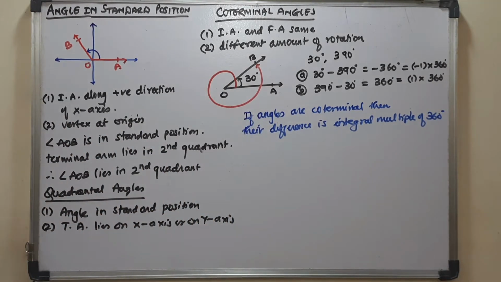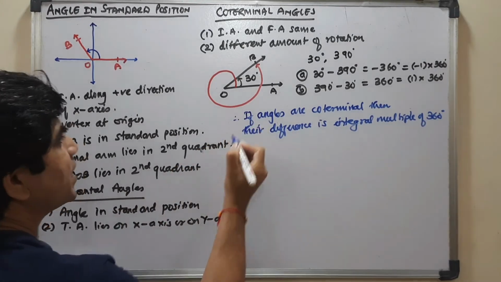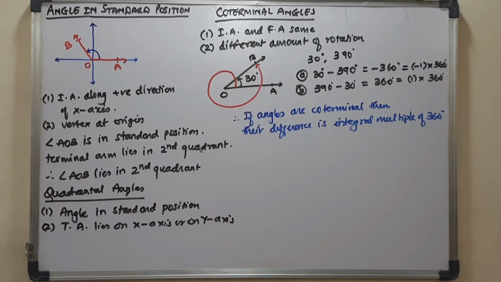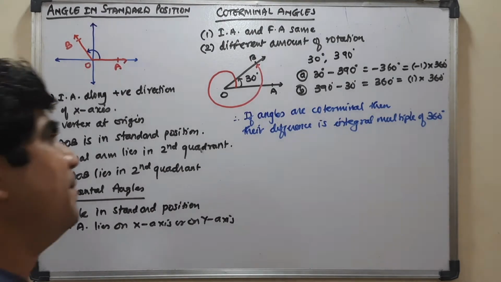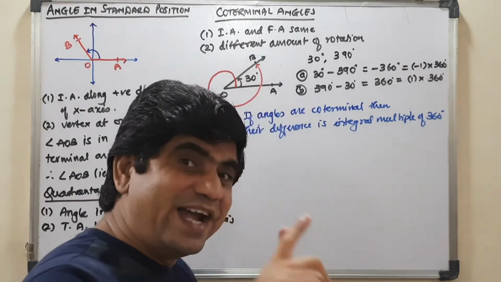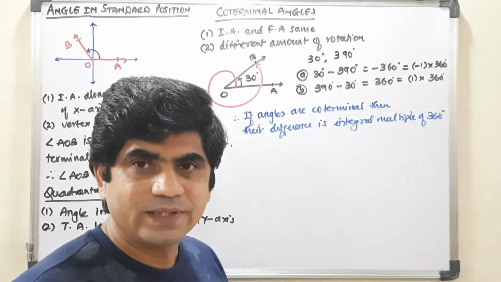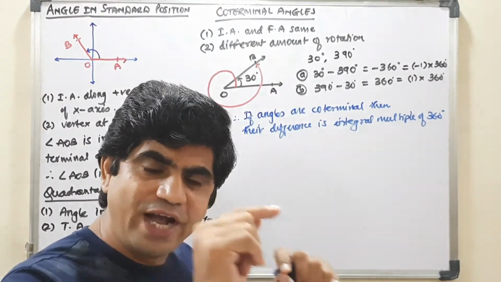Okay, so I can say here if angles are coterminal, then their difference is an integral multiple of 360 degrees. The number that comes here will belong to the integers.